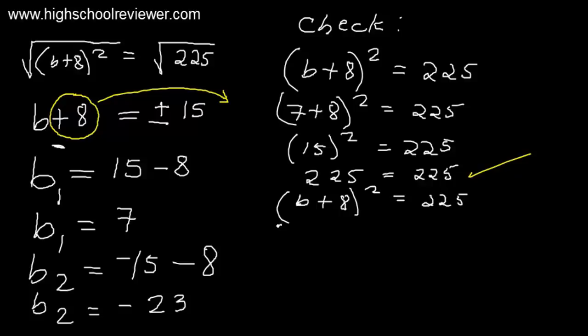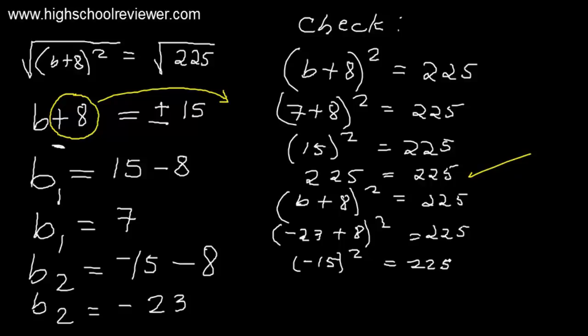Our b here will be negative 23 plus 8 raised to 2 equals 225, and negative 23 plus 8, that will be negative 15 raised to 2 equals 225. And negative 15 raised to 2, that would also be 225. So therefore, b equals negative 23 is also correct.